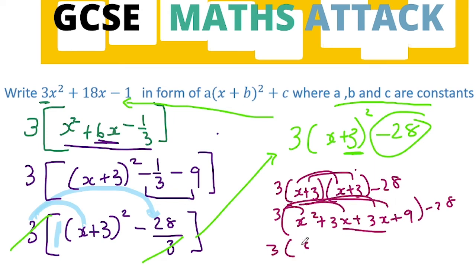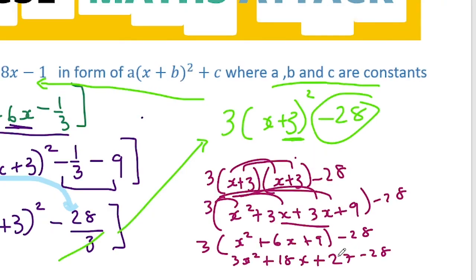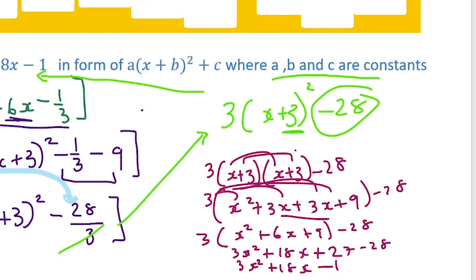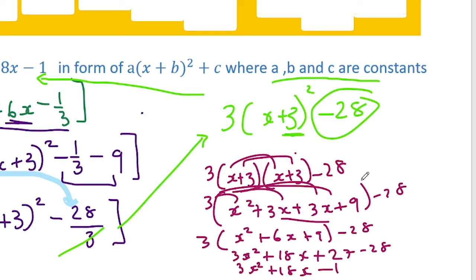So I've got 3 times (x squared plus 6x plus 9 minus 28). Expanding this, this is 3x squared plus 18x plus 3 times 9, which is 27. Subtract 28. So I'm left with 3x squared plus 18x minus 1. So that proves that this method does work.